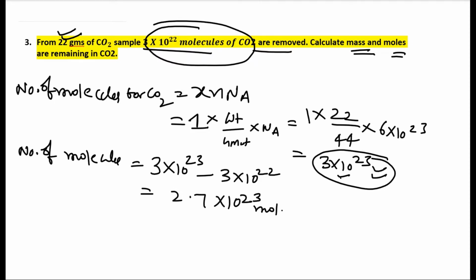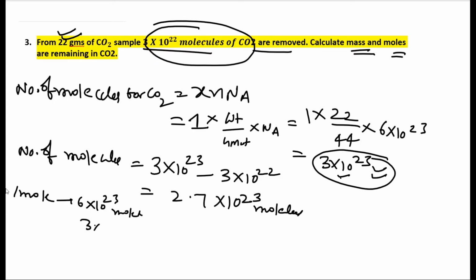As usual, 1 mole means how many molecules? I already told you, 1 mole means 6 into 10 power 23 molecules, the Avogadro number. These many molecules, how many moles? So this is the calculation.